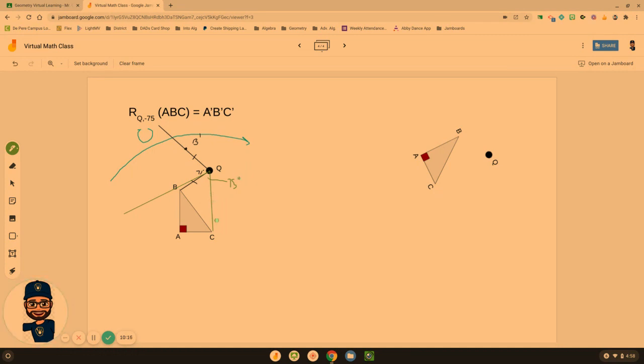And this looks to be about 2 inches, so I'll just give it 2 tick marks. So if I go 1 inch and 2 inches, C prime, where I move C, is going to be way out here, but I have to mark it with 2 tick marks to show that it would be the same distance. Now I've got B and C, B prime and C prime.